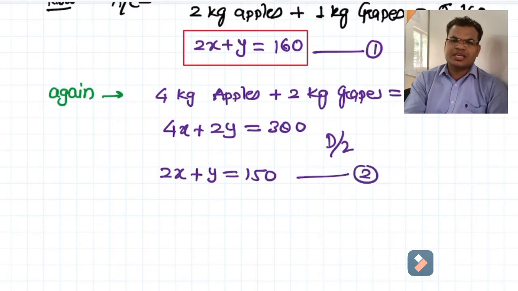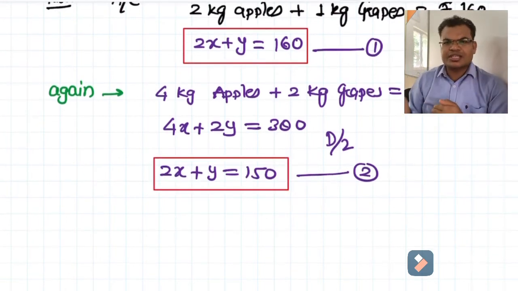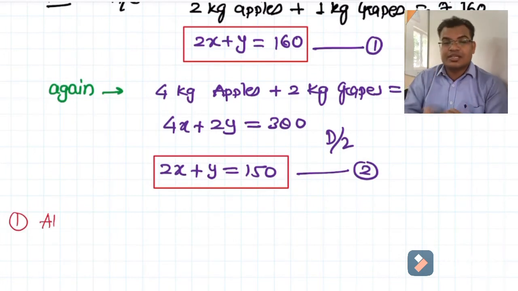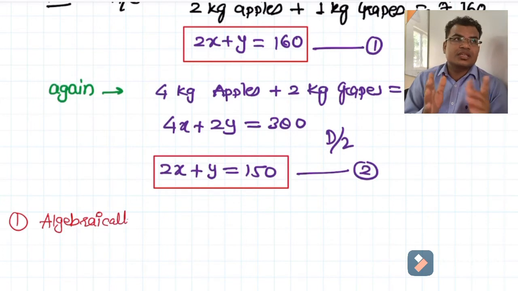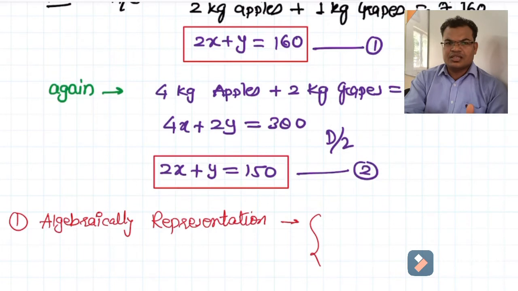So now you can see the left-hand side of both equations is the same: 2x plus y, 2x plus y. But the cost here is 160 rupees, and here the cost is 150. That's why I was telling you the cost is not double this time. These two equations are the algebraic representation, and the first portion is done.